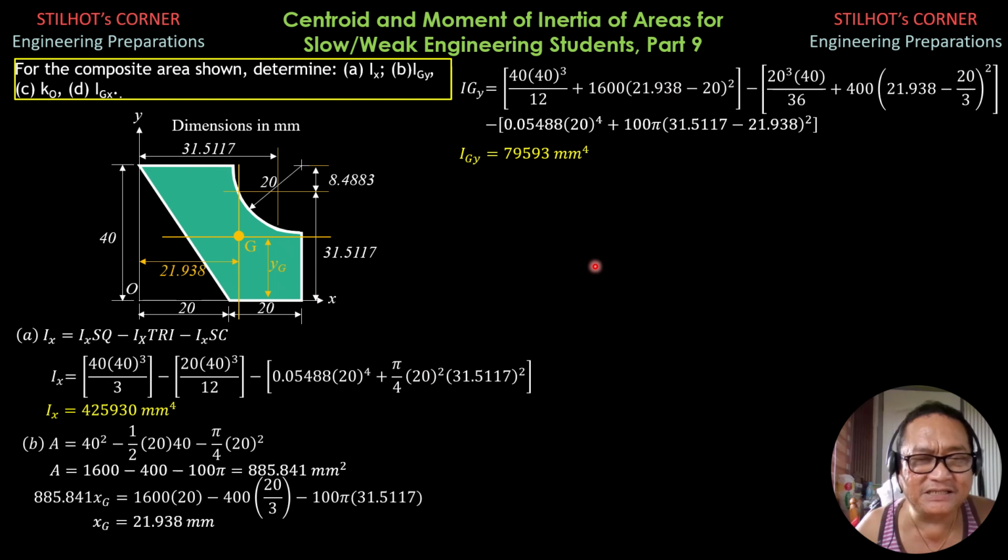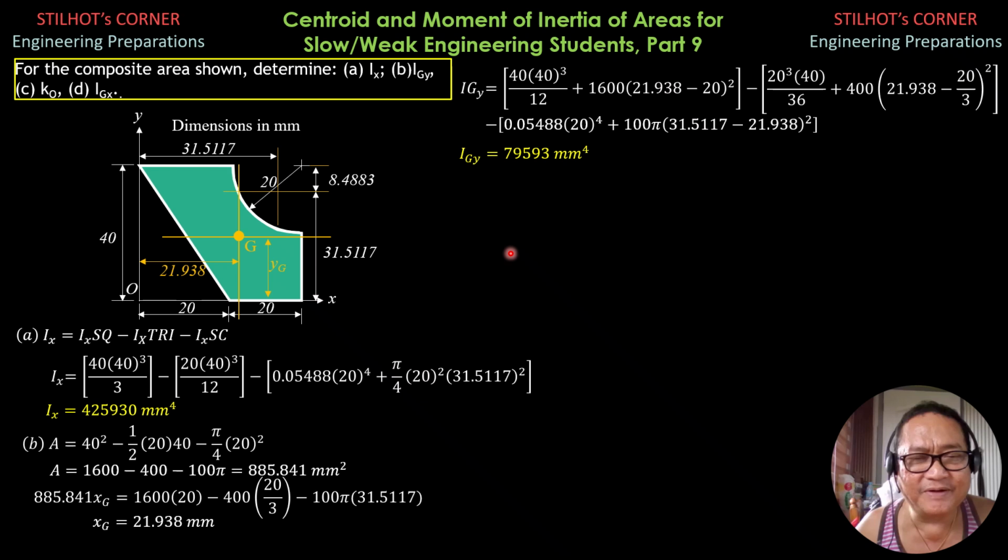Next is Ko. Ko is the radius of gyration with respect to origin, and Io, Jo, Iz, that's the same. Io is equal to Ix plus Iy. We already computed Ix. We just compute Iy. Then equate it to area times Ko square.